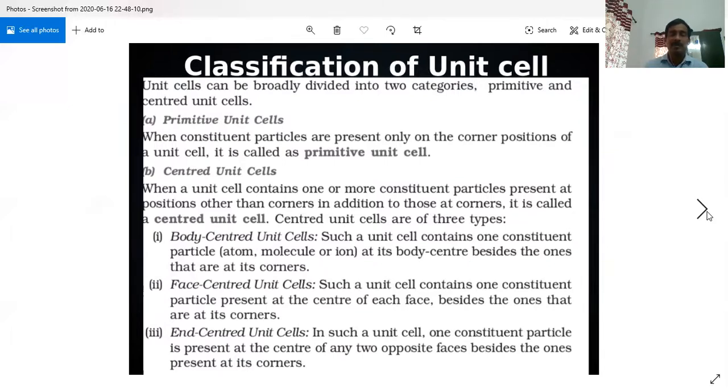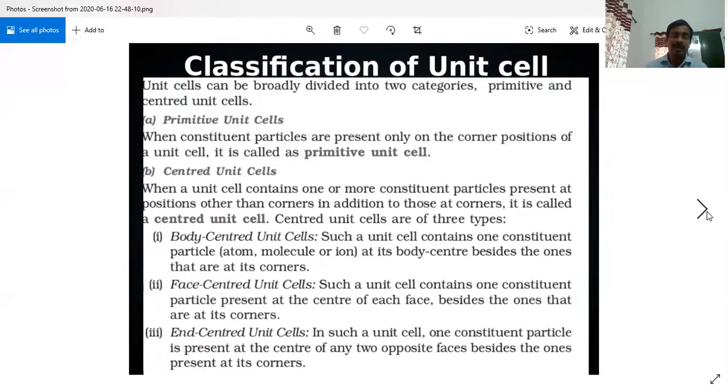Primitive unit cells are simple unit cells, very simple ones. That means the constituent particles are present at the corners only. That is primitive unit cell.